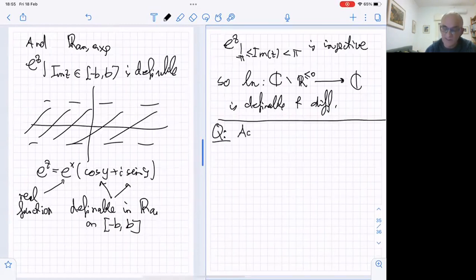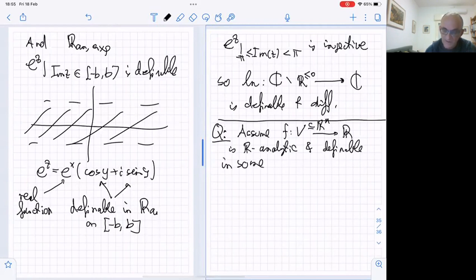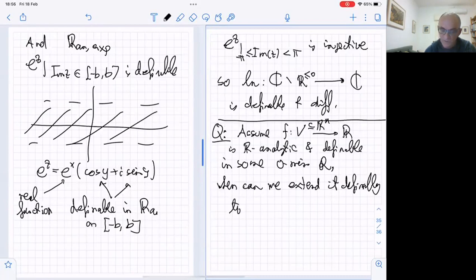Assume that f from V inside Rn into R is real analytic and definable in some o-minimal structure R. When can it be, or what do we need to know about R, this o-minimal structure, when can we extend it definably to some F hat, let's say from U in Cn into C, which is analytic?